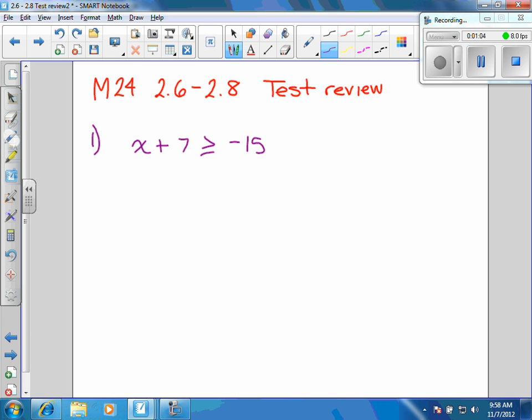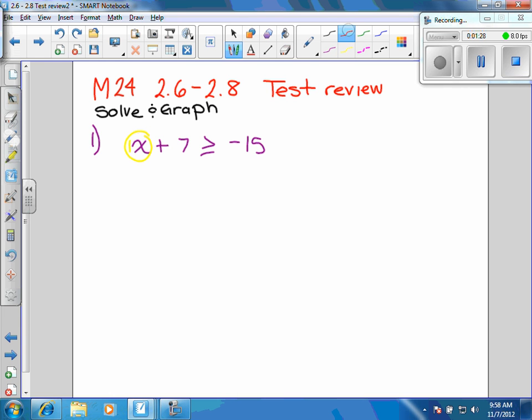So what we're really looking at every time we do a solving, so this would be solve and then graph. That's what you should be able to do on the test. And so when we look at a solving, we're always trying to isolate the variable. So there's no coefficient other than that 1 in front of the variable.